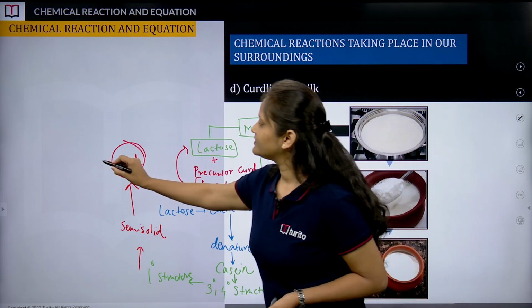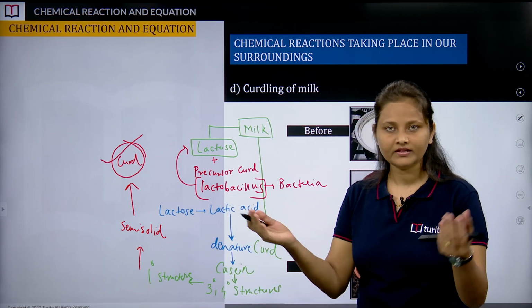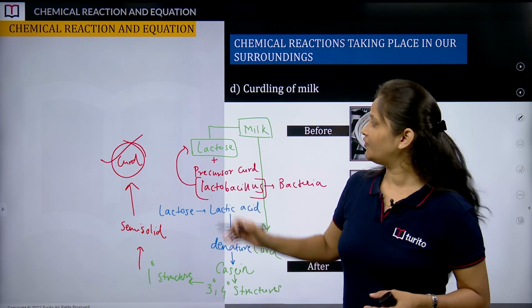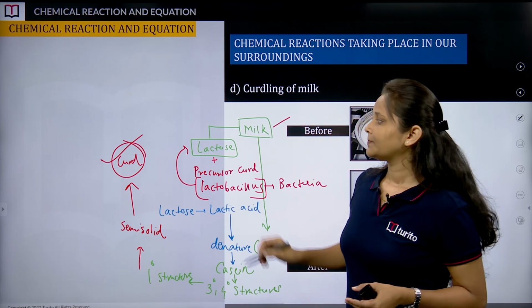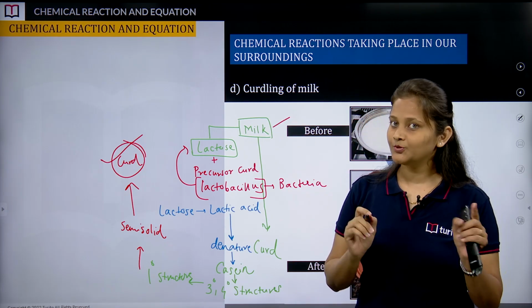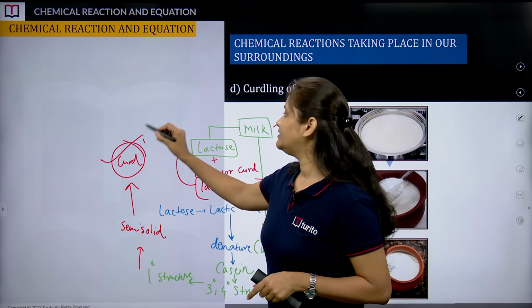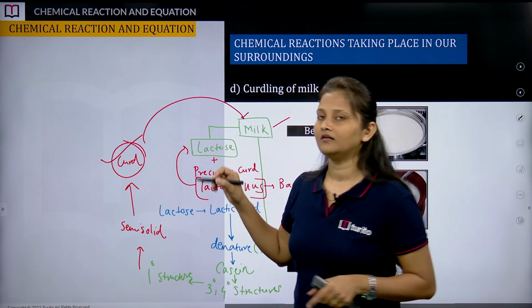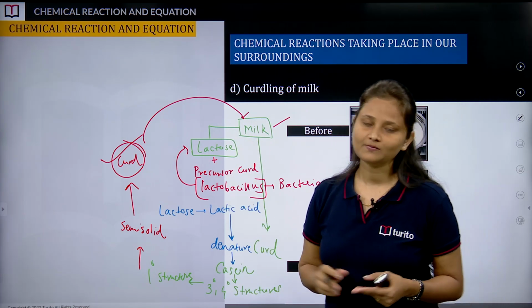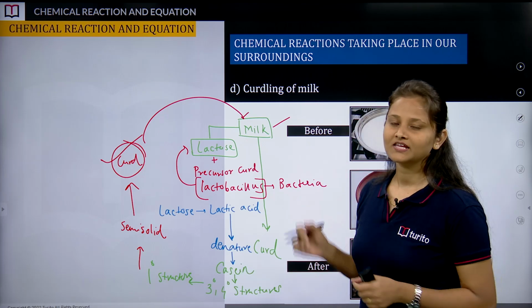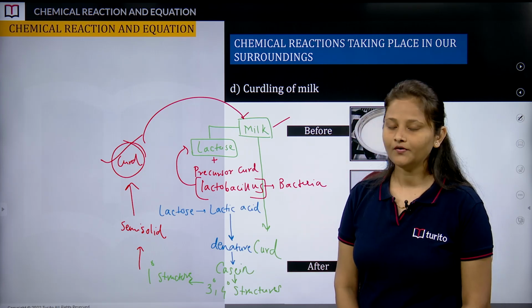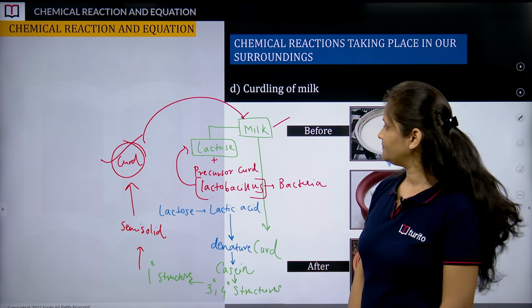And then this very delicious curd we enjoy with our food, right? From milk. So I am asking you again, is it possible to convert this curd into milk? Will it get reversed? Absolutely not. That's why it is a chemical reaction. Got it? Is there any doubt? Is there any confusion?